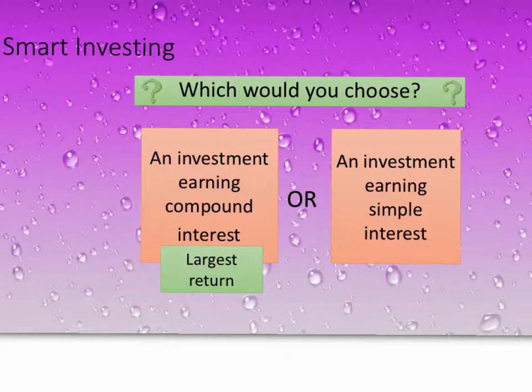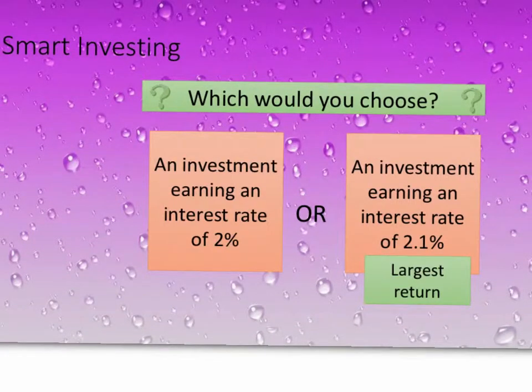An investment earning compound interest or an investment earning simple interest? Remember that your largest return is on the compounded interest, so you want to go with that one. Okay, what about an investment earning an interest rate of 2% or an investment earning an interest rate of 2.1%? Even though 0.1 is not much greater than 2, it definitely will end up giving you a larger return.